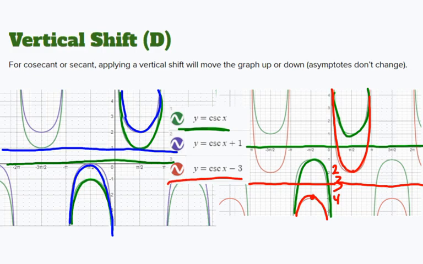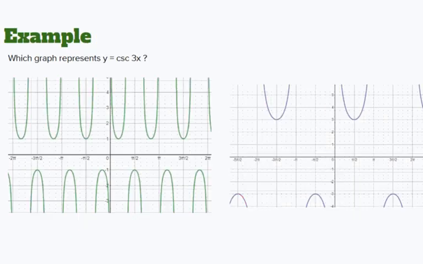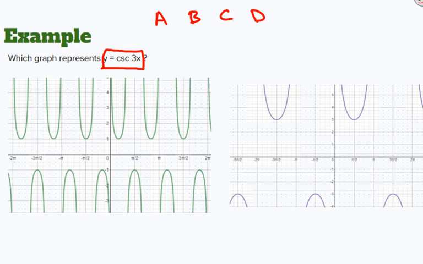Okay. Put that in action. An example. Which one of these is y equals cosecant 3x? First of all, if I look at this expression, or this equation, have I changed A, B, C, or D?